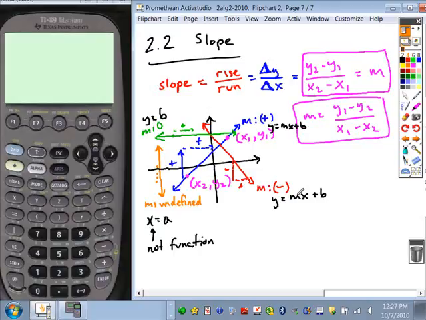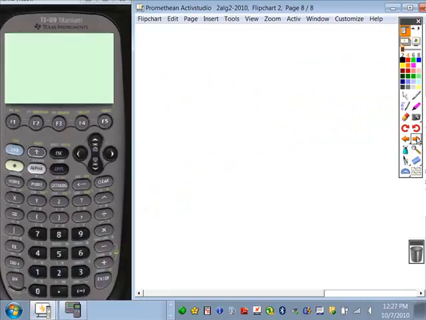Okay, so let's say we wanted to find the slope between 2 points on a graph. And so let's say we take the point (-1, 4), and we take the point, actually, (3, 2).